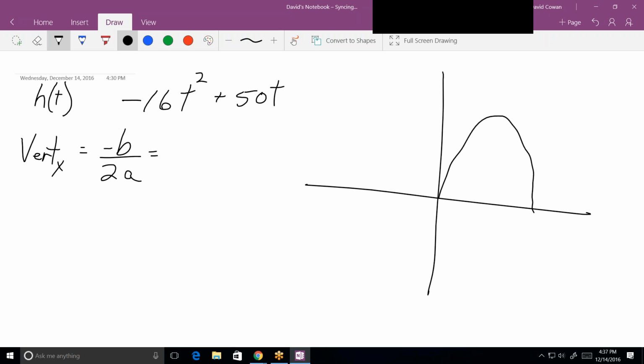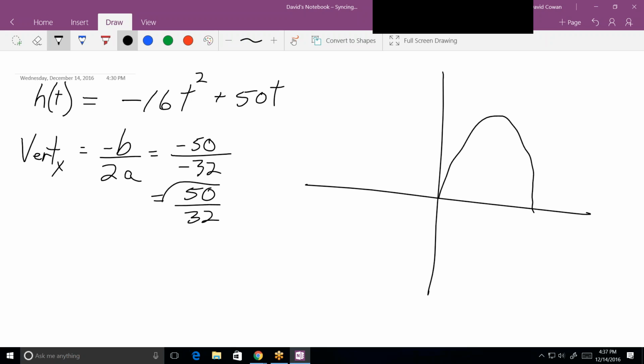Now, let's do negative b first. B is 50. So it's negative 50 over 2 times negative 16. That's negative 32. So that ratio is equal to 50 over 32.